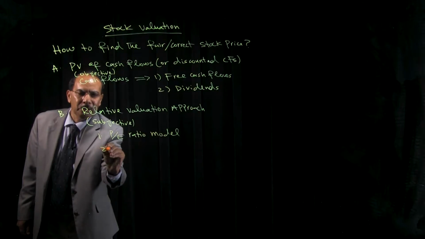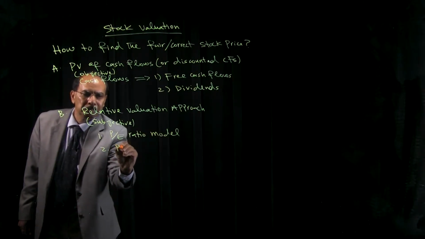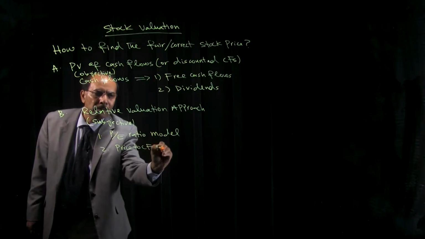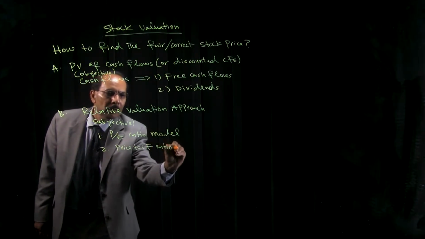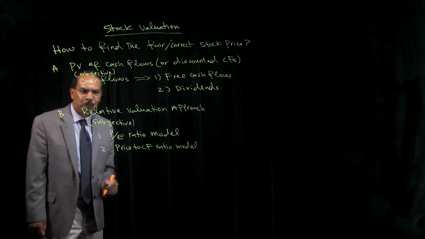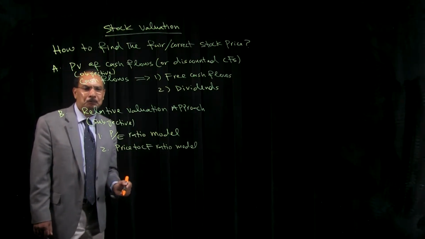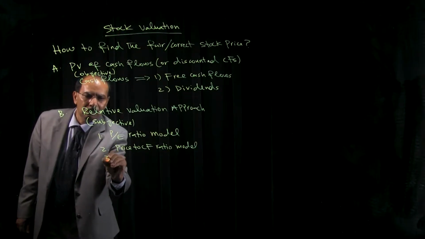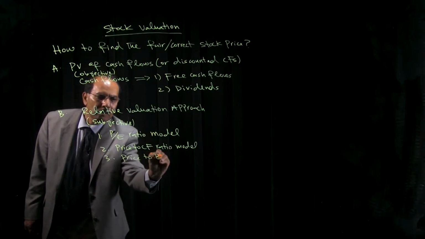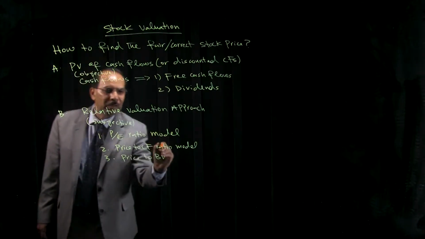And there are other variations of it. Instead of price to earning, we could do price to cash flows. We can also do price to book value ratio model.